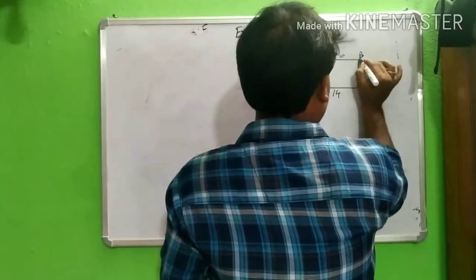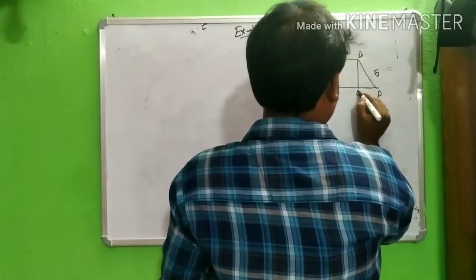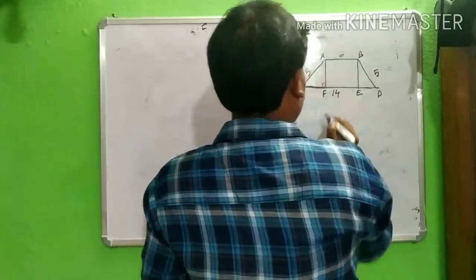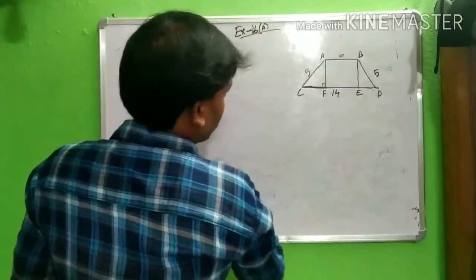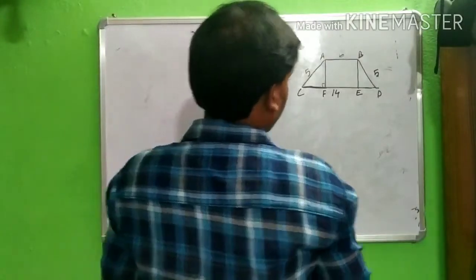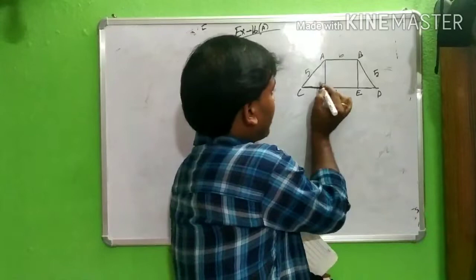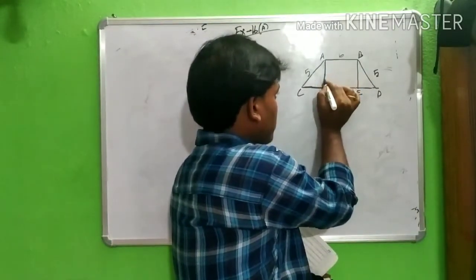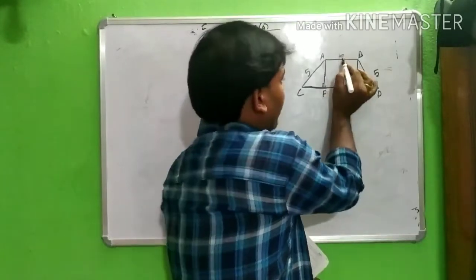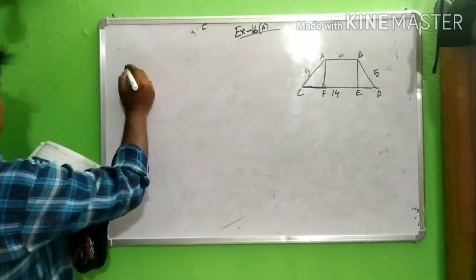A, B, C, D, E, F. So the value of AB equal to 6.